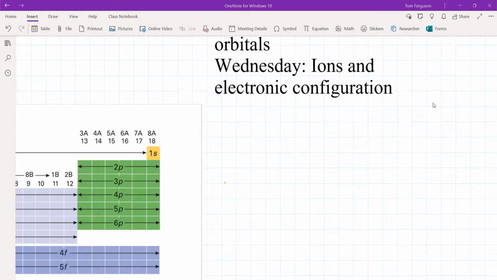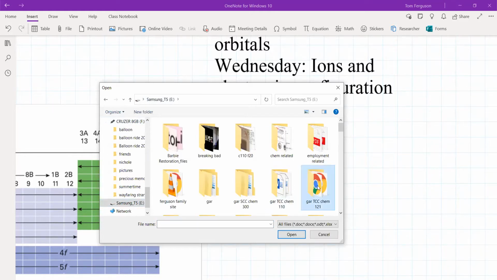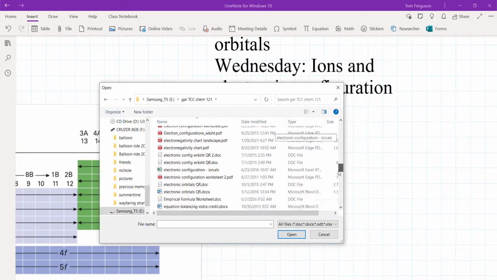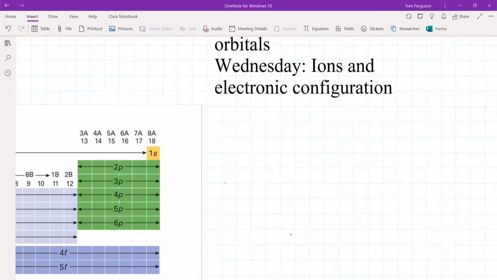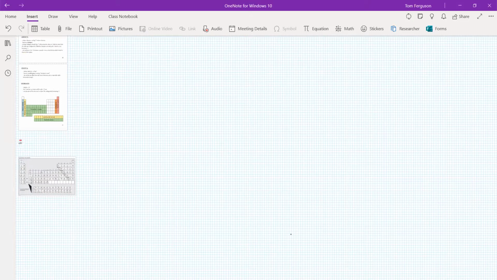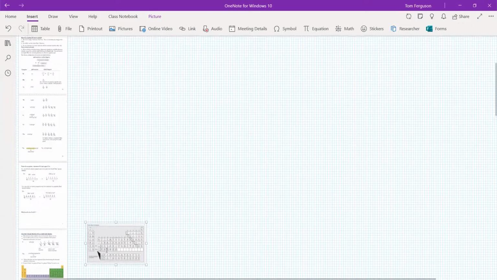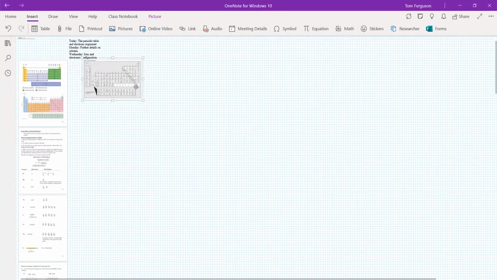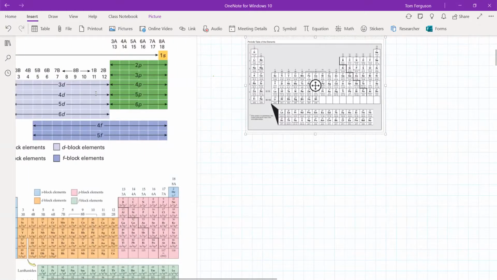So we're going to insert a printout, and it always sticks it at the end, so we need to move it.